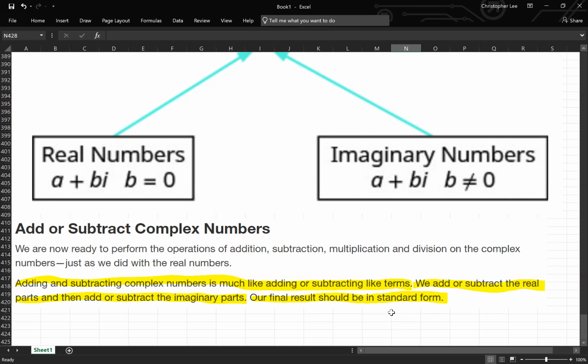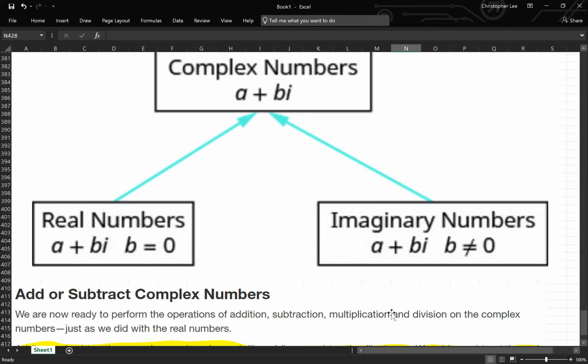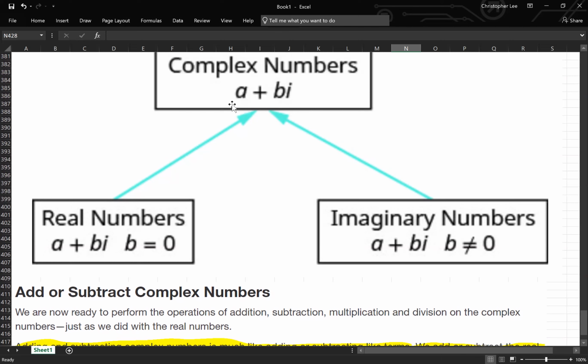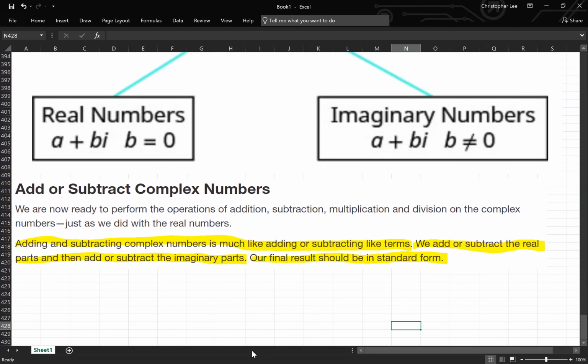We add or subtract the real parts and then add or subtract the imaginary parts. Our final result should be in standard form. What's standard form again? A plus Bi. That's standard form right there.